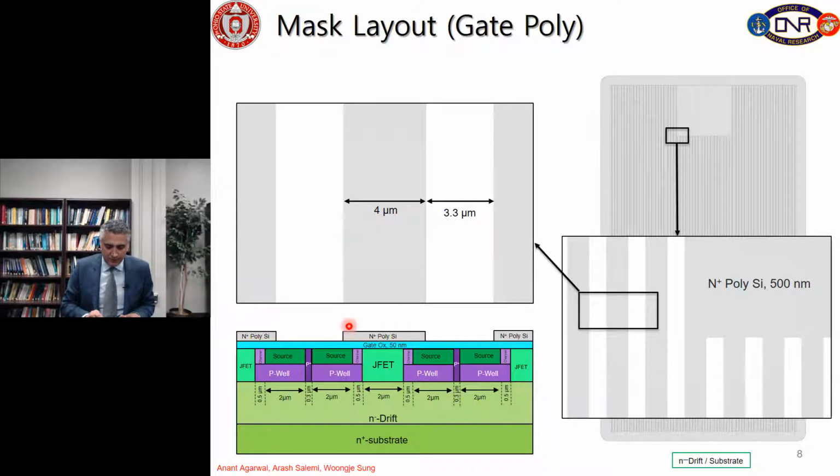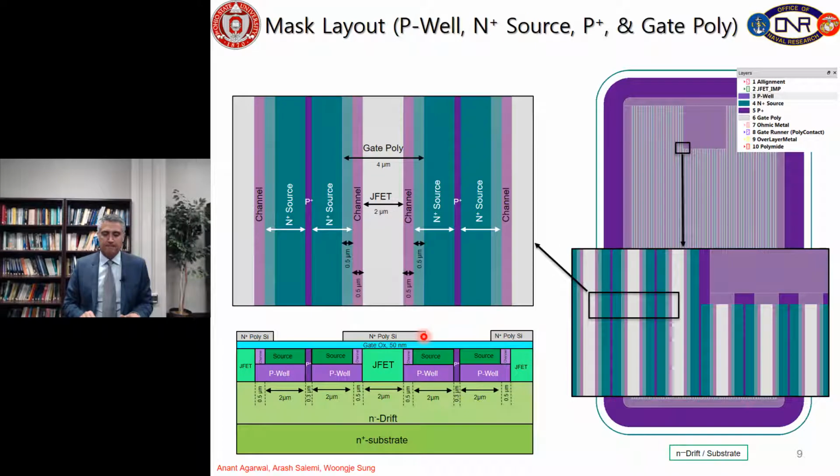So here we have 4 micrometer gate poly, or polysilicon, over this source and JFET channel, and here is the source. This is a combination of P well, N plus source, P plus, and gate poly all together.